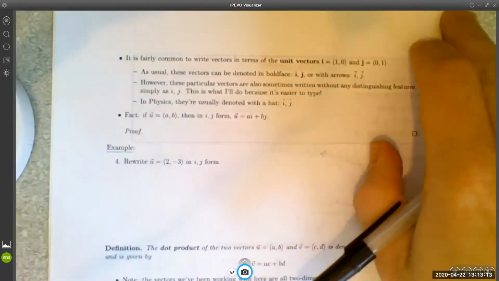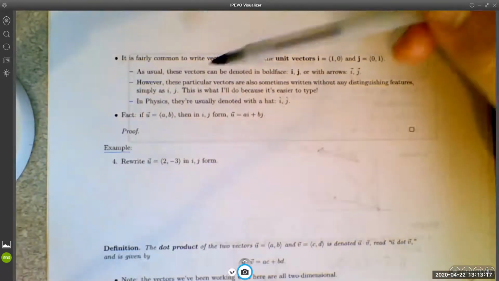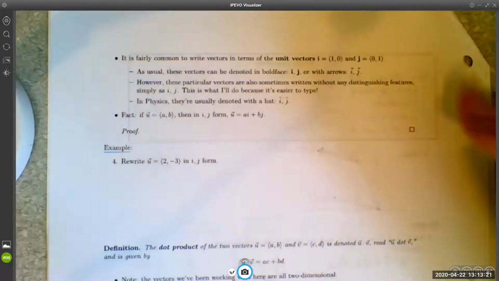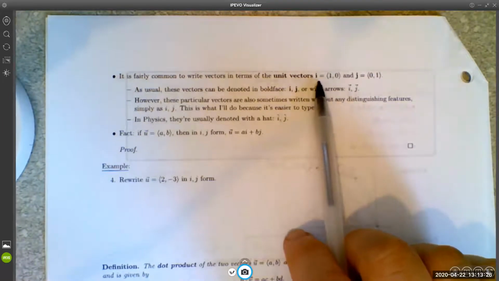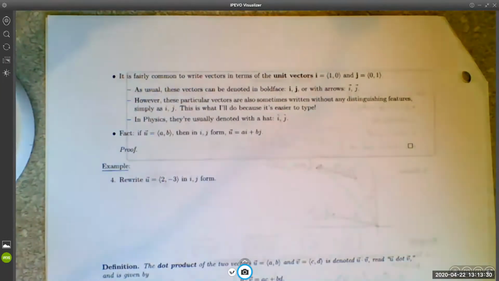Another notation that we often use for vectors is we sometimes write vectors in terms of special unit vectors. And in this case, the unit vectors that we use are i and j. And these are like canonical vectors.